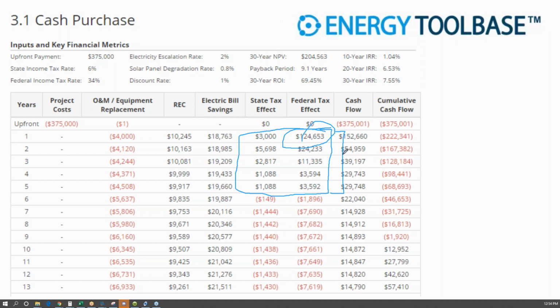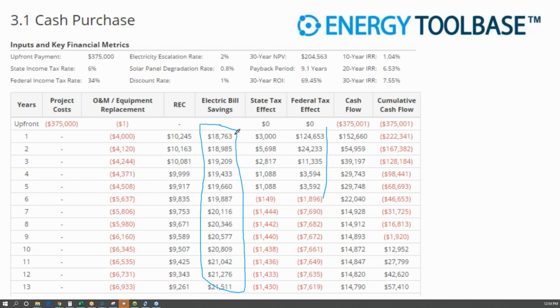Sometimes you can depreciate it even faster than that. And so the issue is, installers will say, okay, we're lowering your electric bill, and then you get all these tax advantages as well.